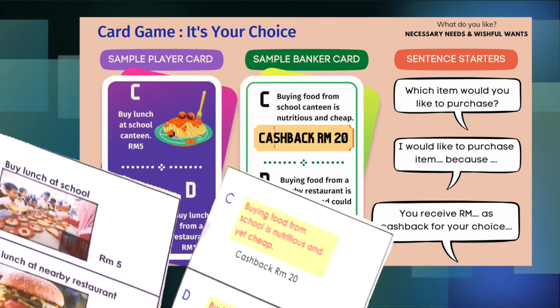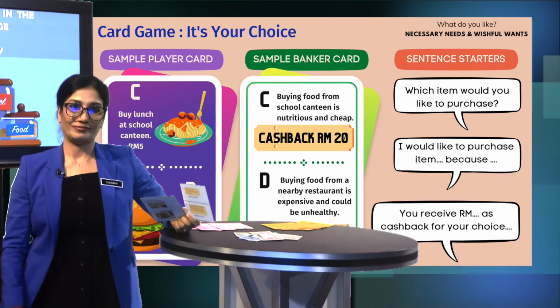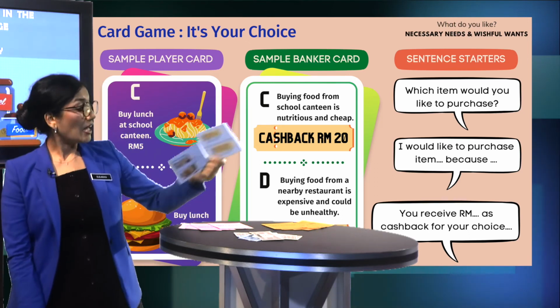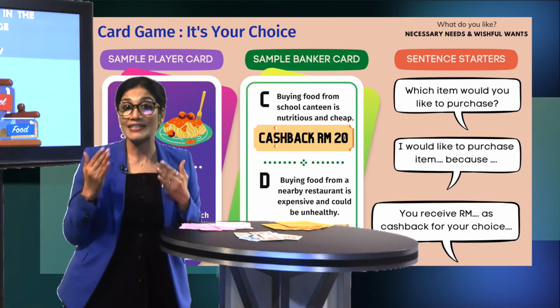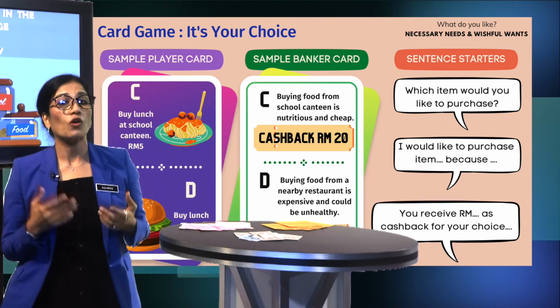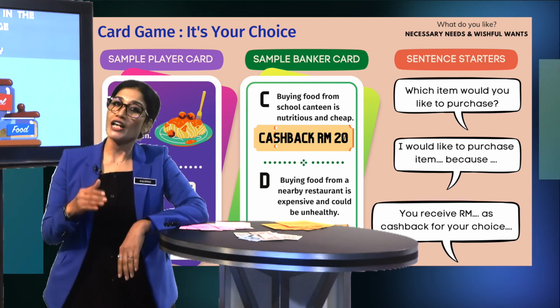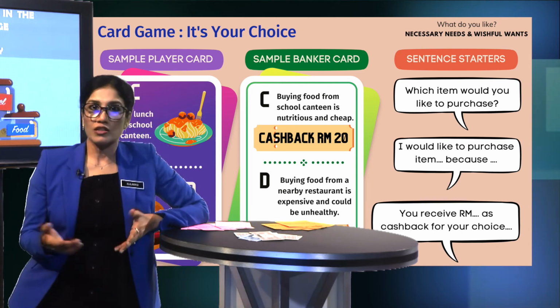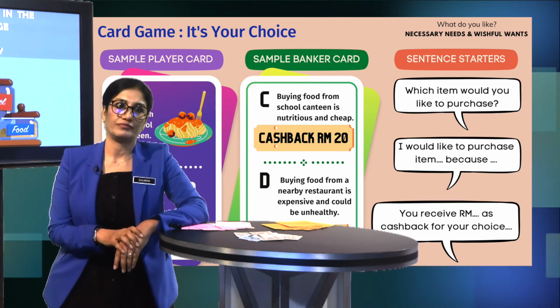The next player would do the same by picking another player card. The pupils use the sentence starters to communicate while playing this game. For example, I choose option D because the burger in that restaurant is very tasty.